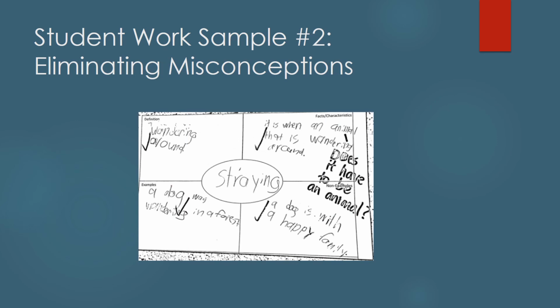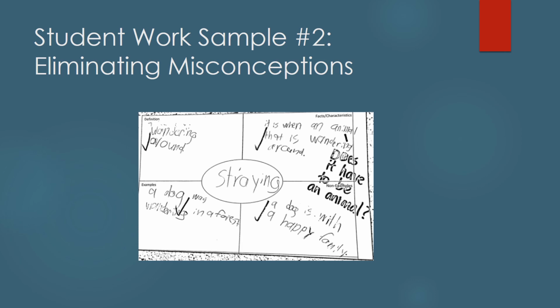Here you can see a student work sample that was used to eliminate a misconception. Here the student put that the facts or characteristics about straying would be when an animal is wandering around.